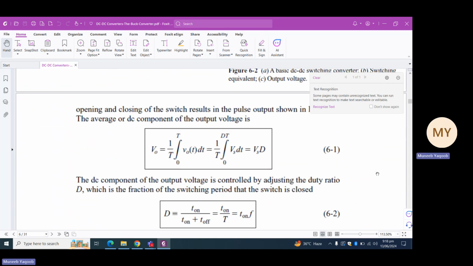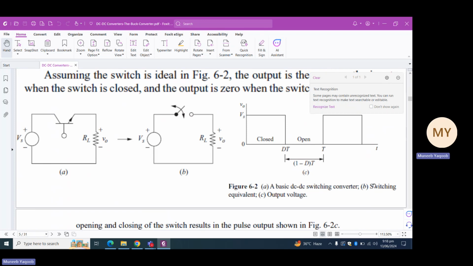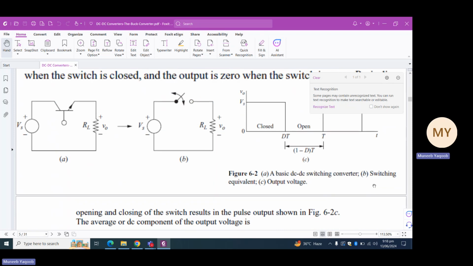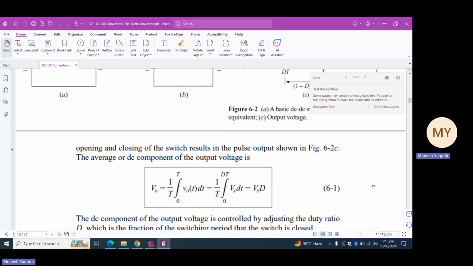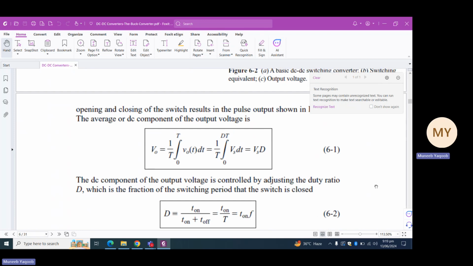Now what happens if we calculate the average voltage? We integrate the waveform in this figure C over one time period, that is from 0 to capital T seconds. If we integrate this waveform, we get output voltage V out equals to Vs into D, where D is the duty cycle.